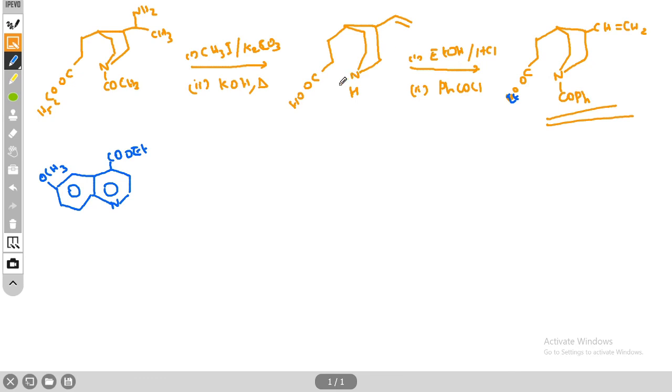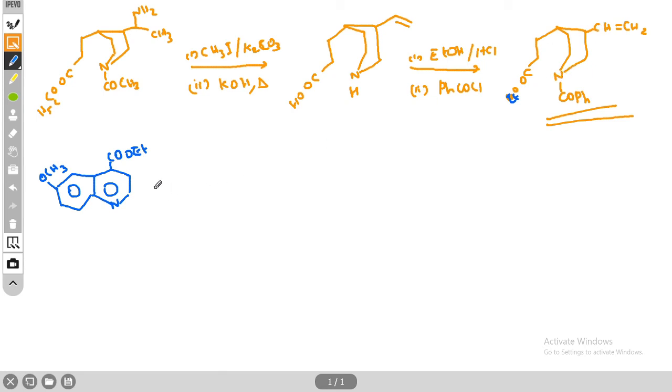That is, here first of all COOH is converted into the corresponding ester by using ethanol and HCl. Then this nitrogen is protected as COPh, because in the other reaction there may be interference of the reagent here. That is why that secondary nitrogen is protected.